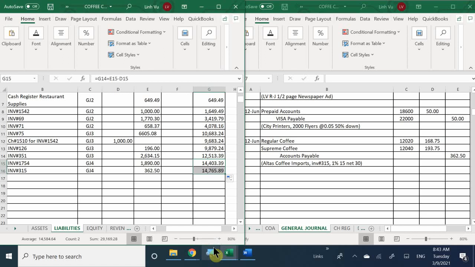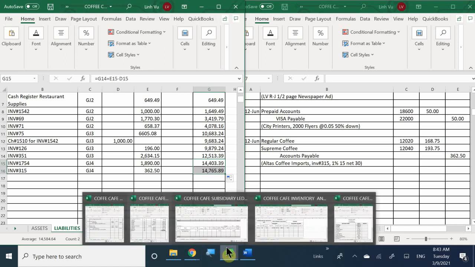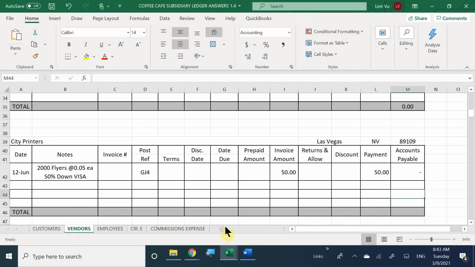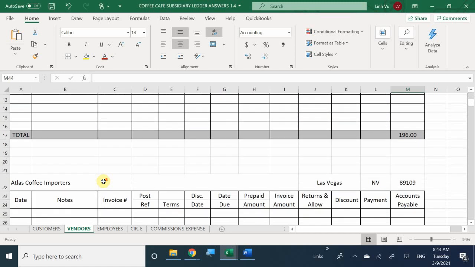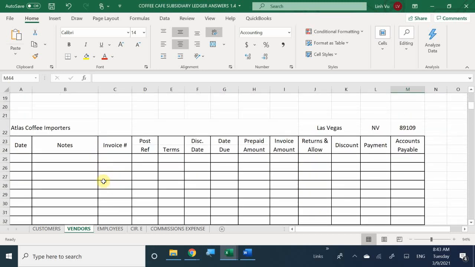Now that we completed our general ledger, we can now go to our subsidiary ledger. So again, Atlas Coffee is going to be right below All Things Ceramics. So here we finally received a bill from Atlas Coffee. So today is June 12th, right? Here you can place whatever information.